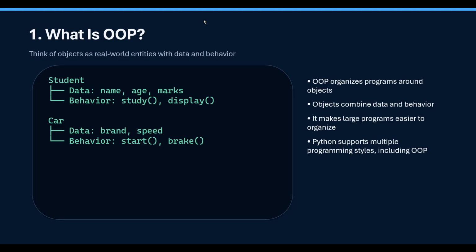So those benches and students are objects, and the attributes will be their names, their weight, their age, their marks, their roll numbers, and the things we can do on that, the methods, will be reading, writing, studying, or sitting.